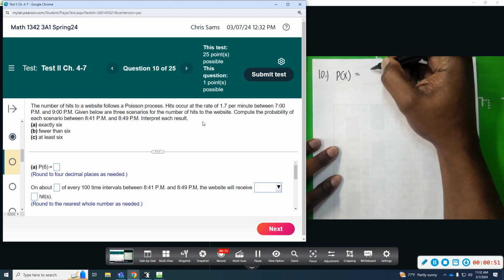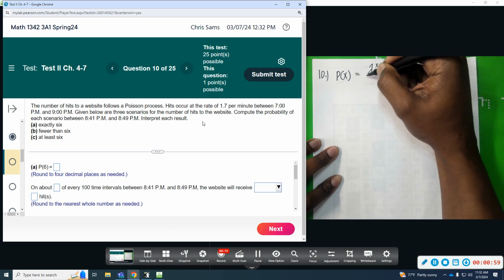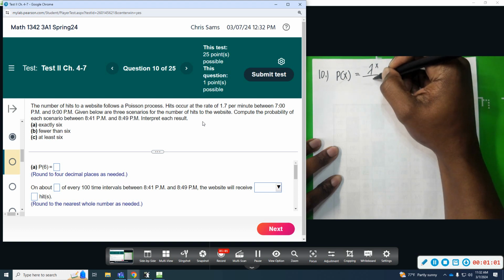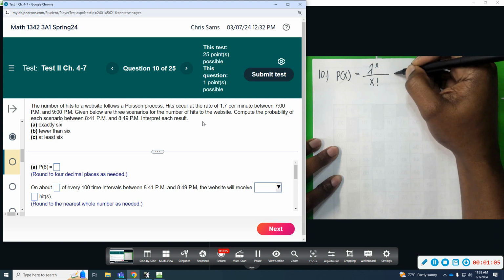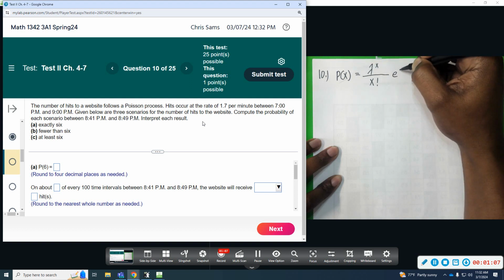That is equal to lambda to the power of x divided by x factorial times e to the power negative lambda.